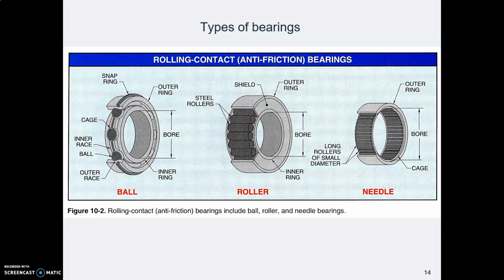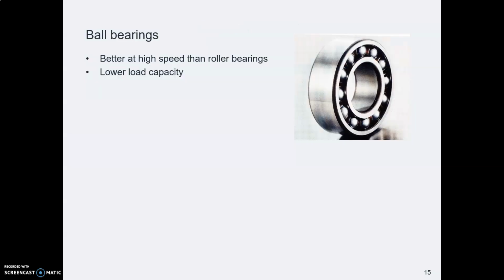Then you can decide, okay, what type of rolling element do you want? A ball bearing has, as the name implies, spherical balls in here. These are good for high speeds. They're less good for heavy loads, so this is why you often see them in smaller situations.